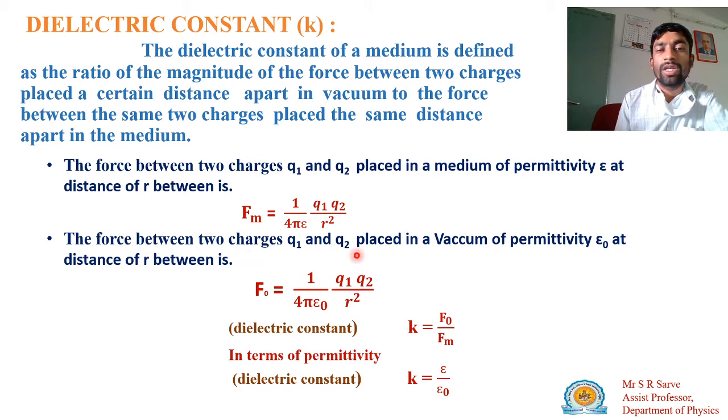Similarly, if the two charges are placed in vacuum or free space, the force is 1 upon 4 pi epsilon naught, q1 q2 divided by r squared.